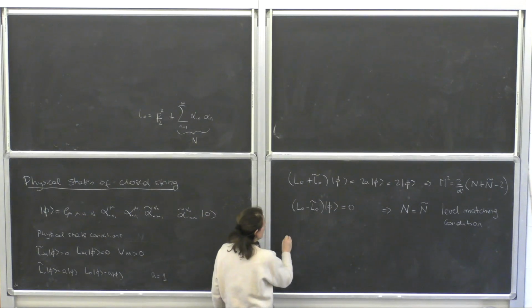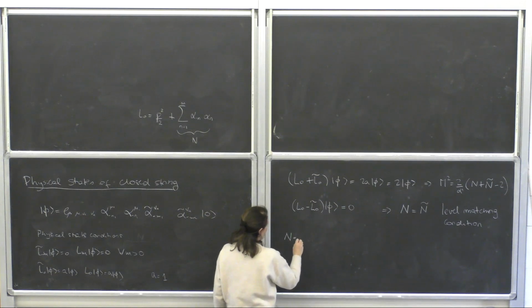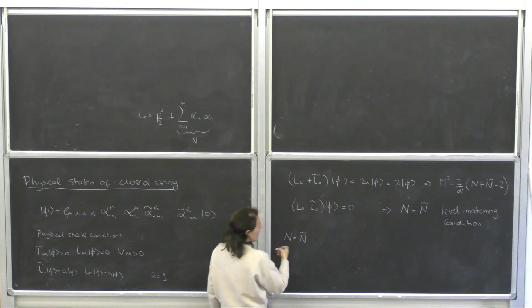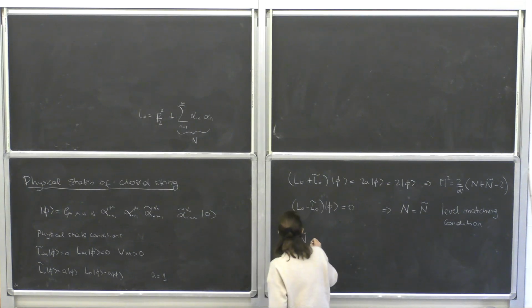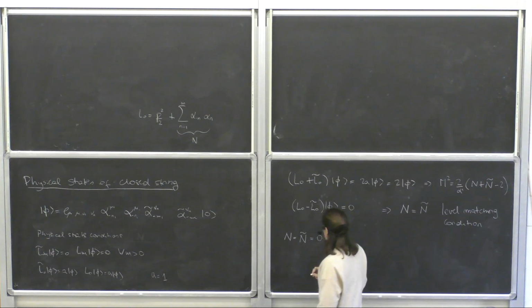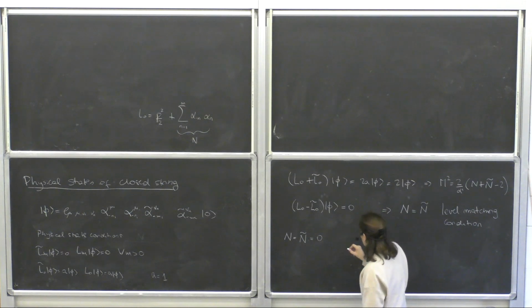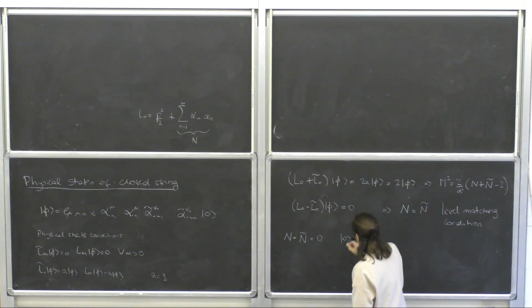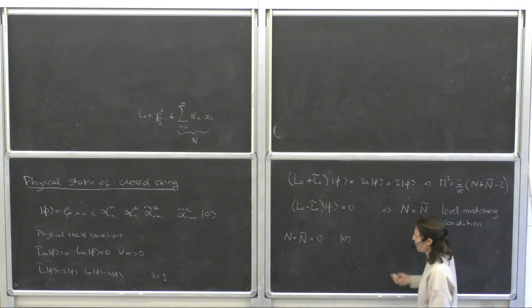Okay, so we start at the lowest state, which has N equals N tilde equals 0. So this is the vacuum of the closed string.